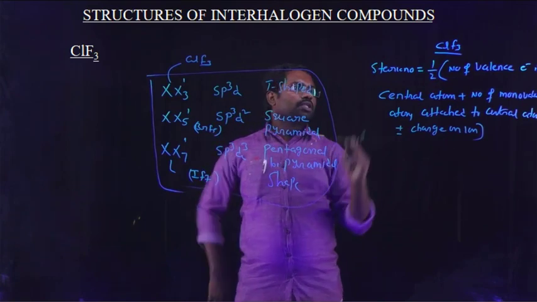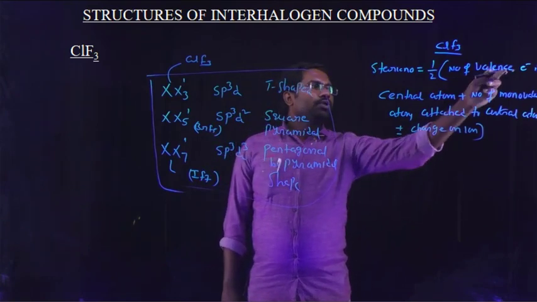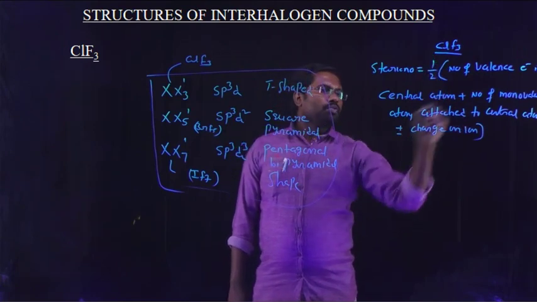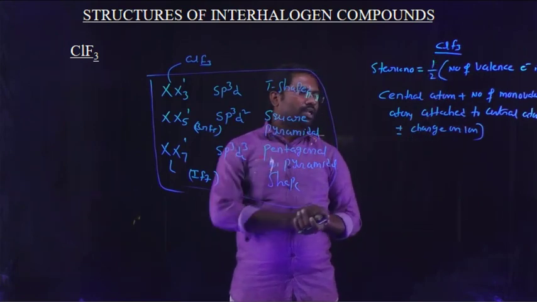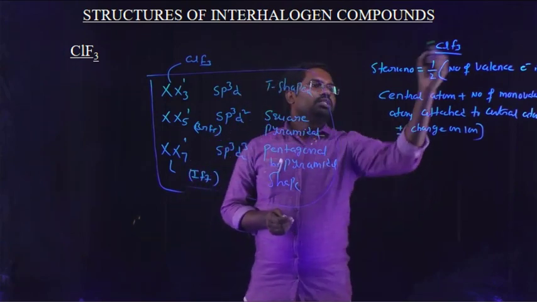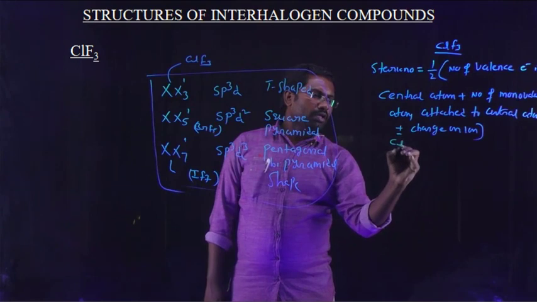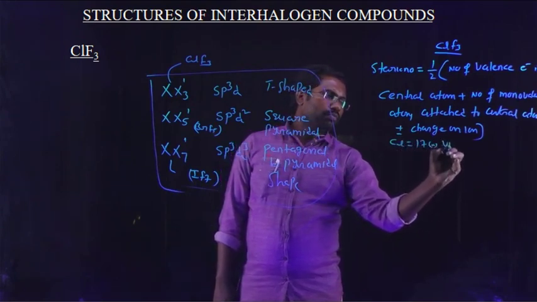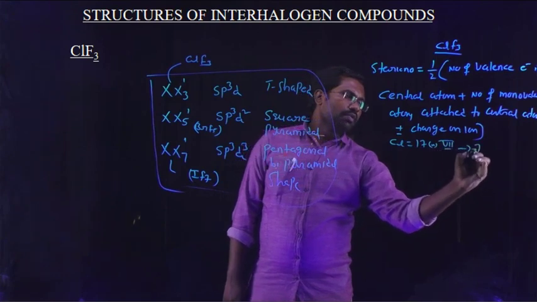So the steric number formula is: half into number of valence electrons in the central atom plus number of monovalent atoms attached to the central atom plus or minus charge on the ion. For example, in ClF3 the central atom is chlorine. Chlorine belongs to the 17th group, so it contains 7 valence electrons.